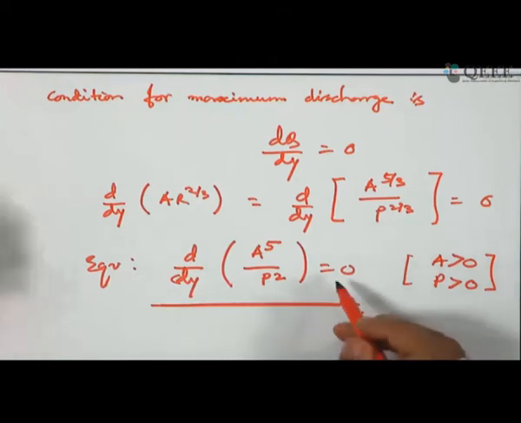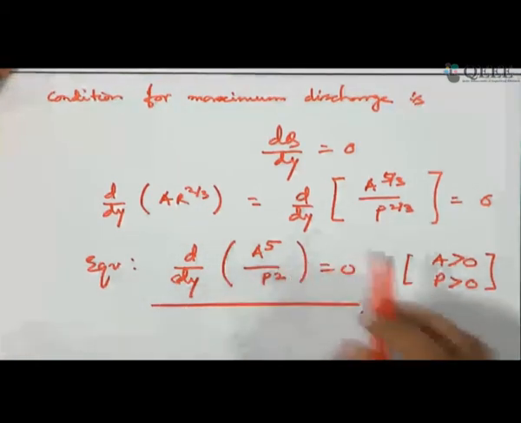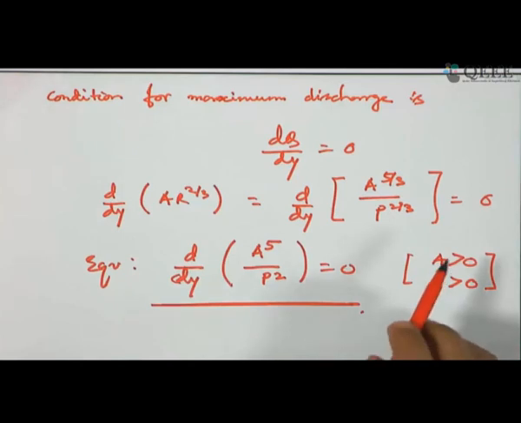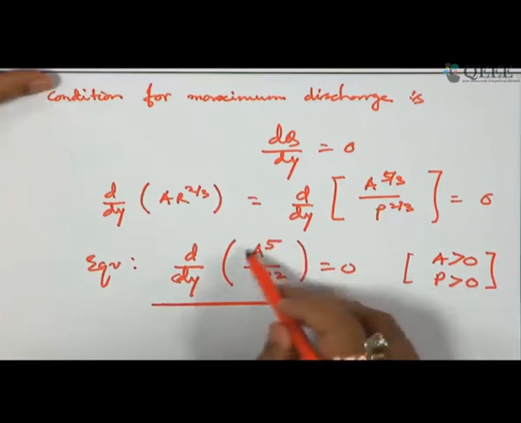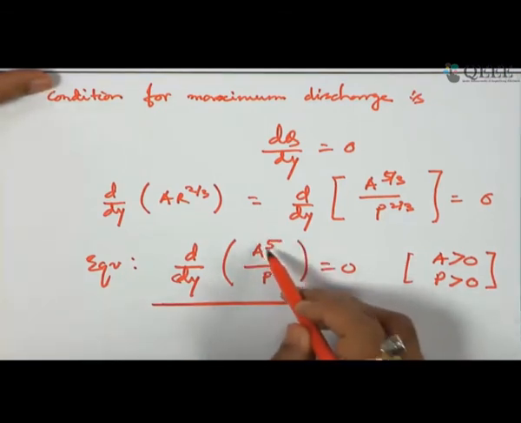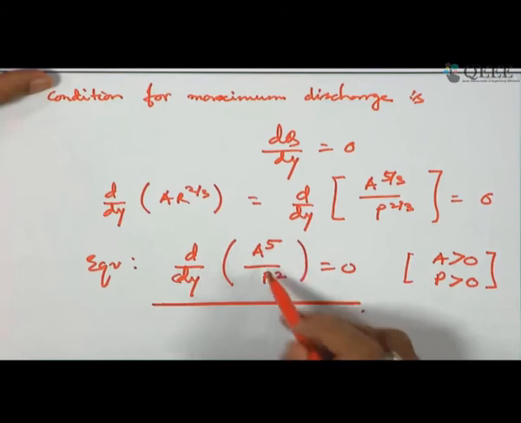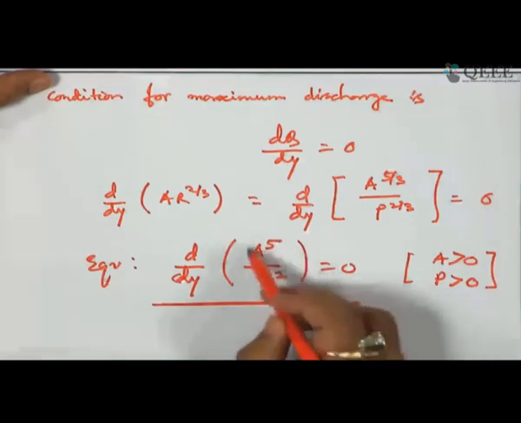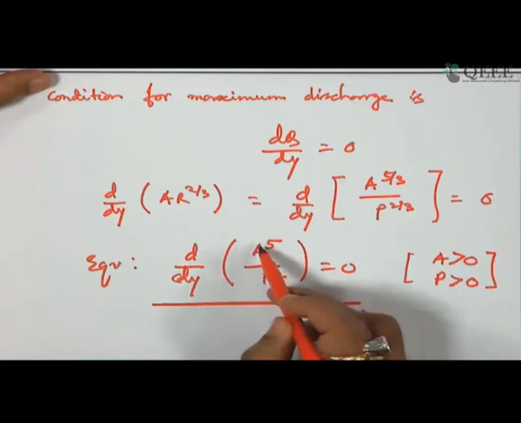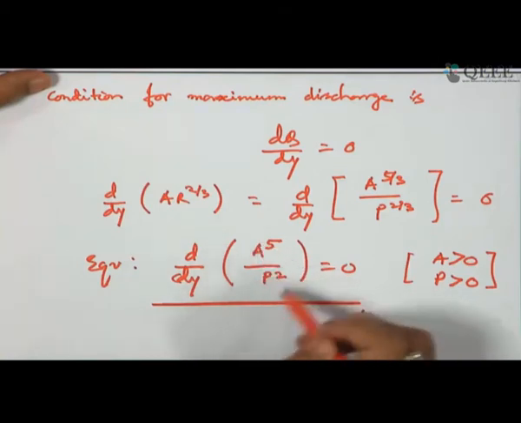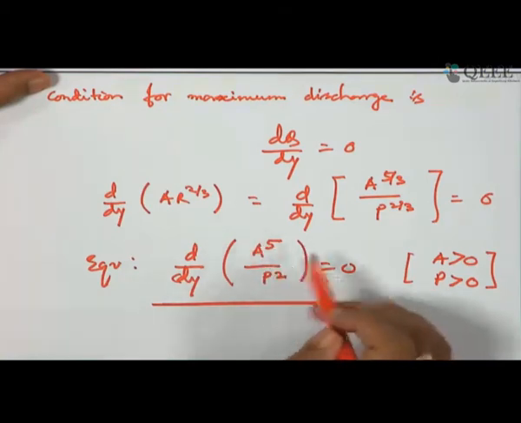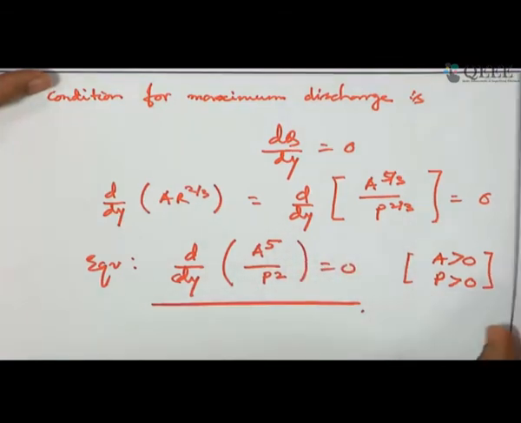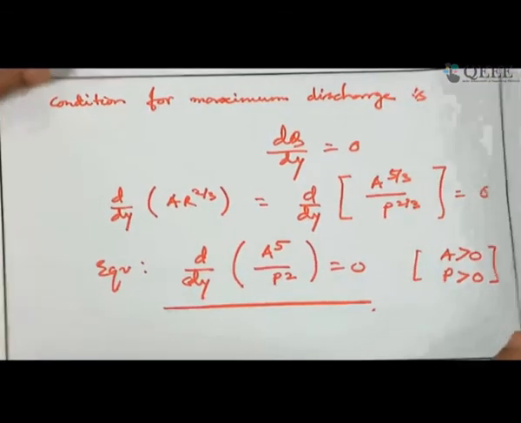So, in this case, if you consider that we have a problem where our area is constant, then if we can minimize the perimeter, that solves our problem. For a given cross sectional area, if we can reduce the perimeter, we can solve the same problem, which is hydraulically efficient.